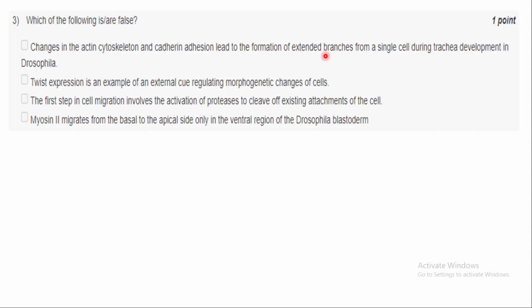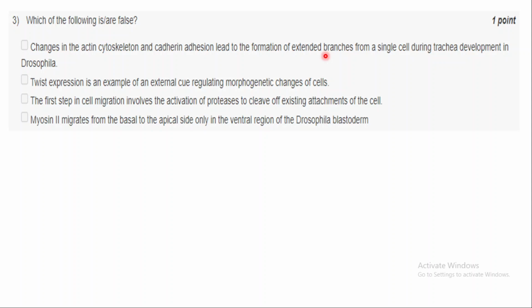So the first statement is talking about trachea development in Drosophila. Changes in actin cytoskeleton and cadherin adhesion lead to formation of extended branches. Option B, twist expression is an example of external cue regulating morphogenetic changes of cells. Here we are talking about the factor twist.